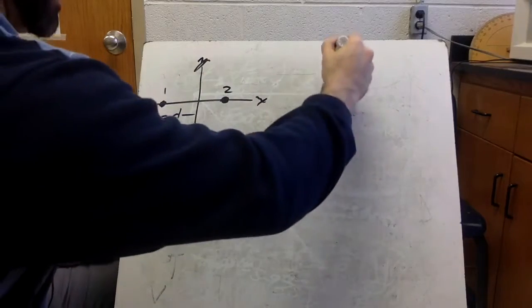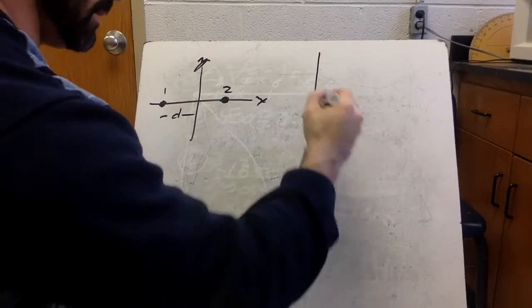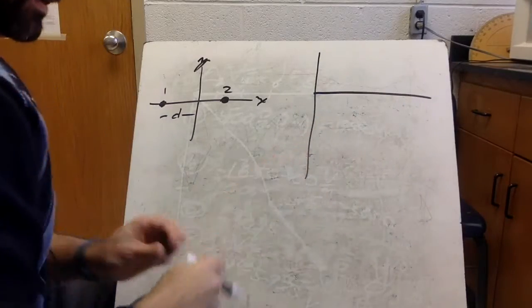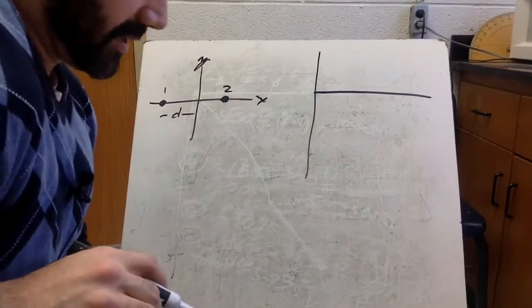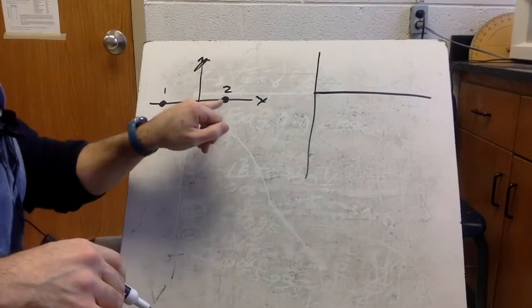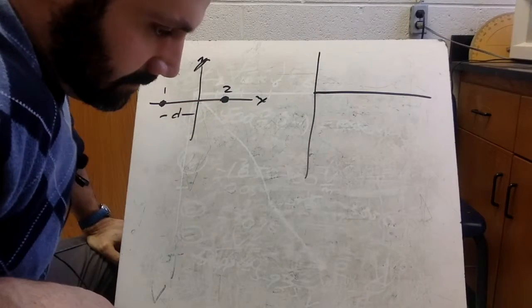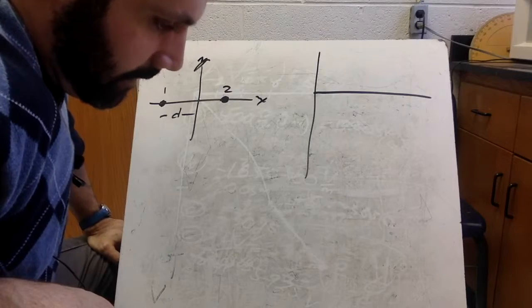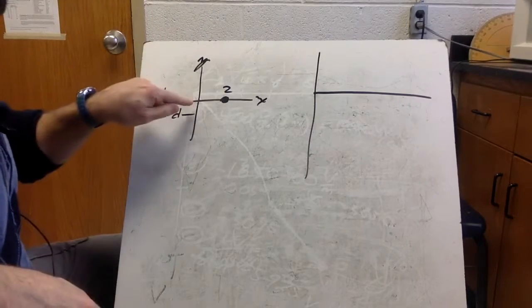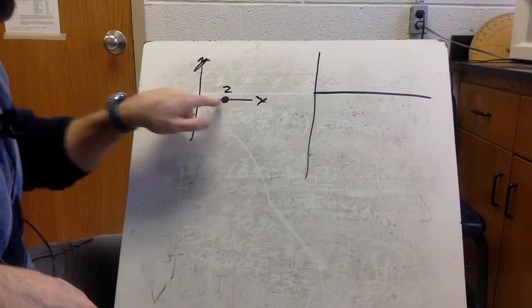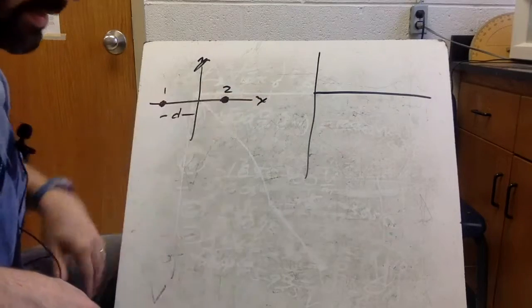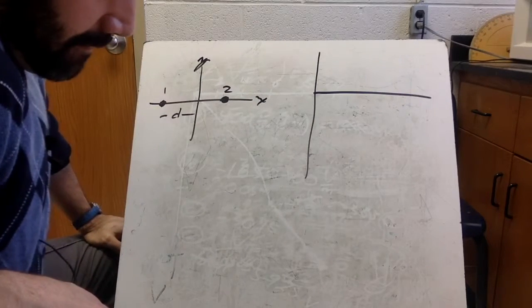And then we've got this graph giving us the electric potential at the origin based on the location of this thing, right?